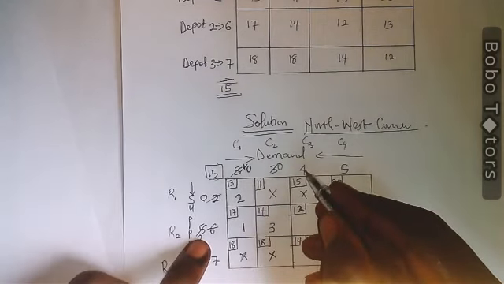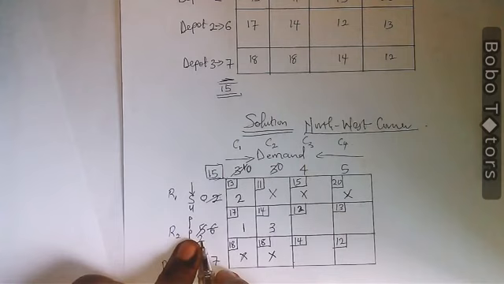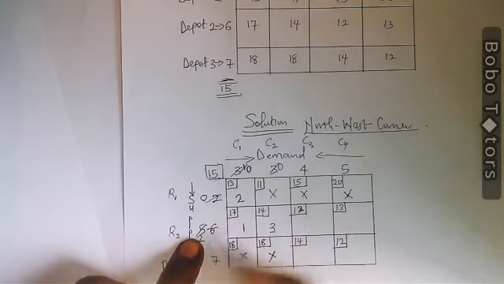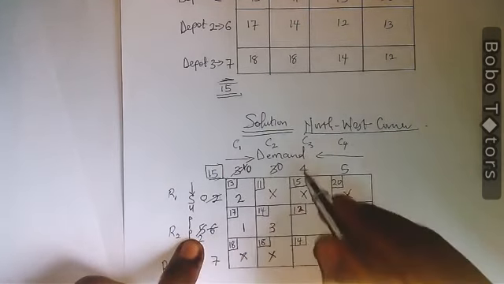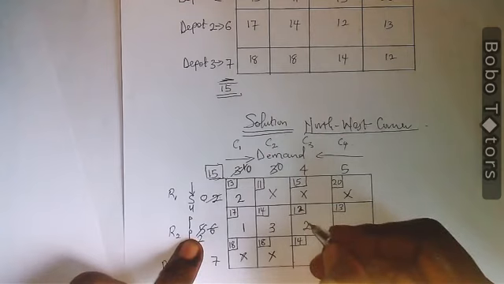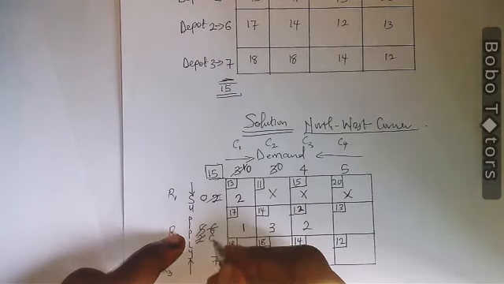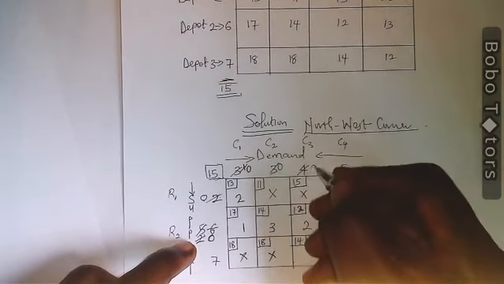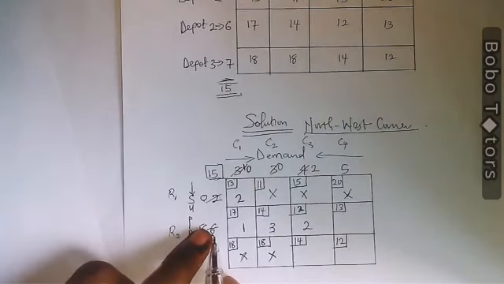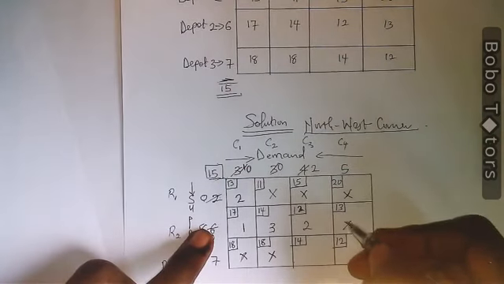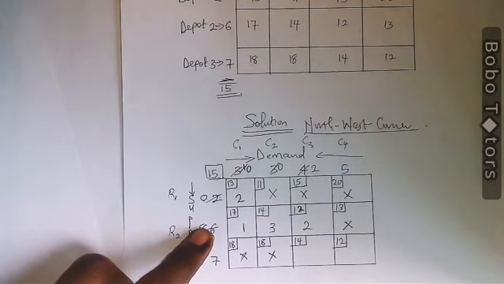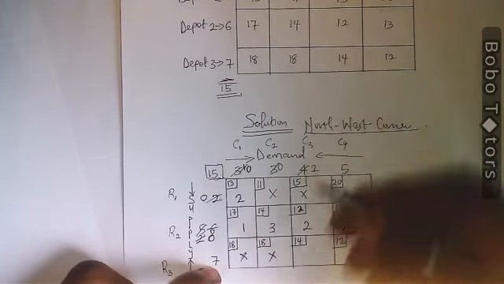Here we have 4 and 2. Remember we are dealing with this 4 and 2. You pick 2 because 2 is the lowest. Definitely there is nothing again. This one will remain 0 and this one remains 2. Since this one remains 0, it has been cancelled. It now remains this.